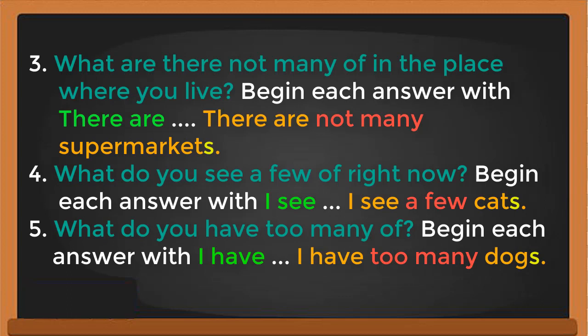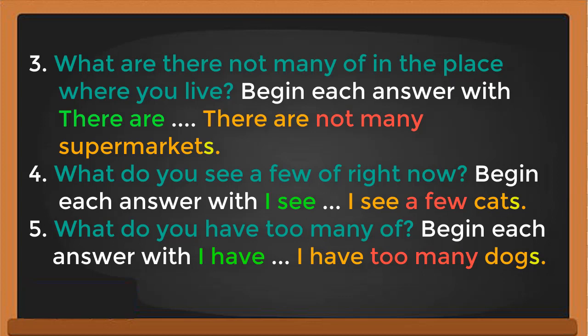And then, what are there not many of in the place where you live? So you begin the answer with, there are not many supermarkets where I live. What do you see a few of right now? For example, you can say, I see a few cats, maybe 3 or 4 cats.